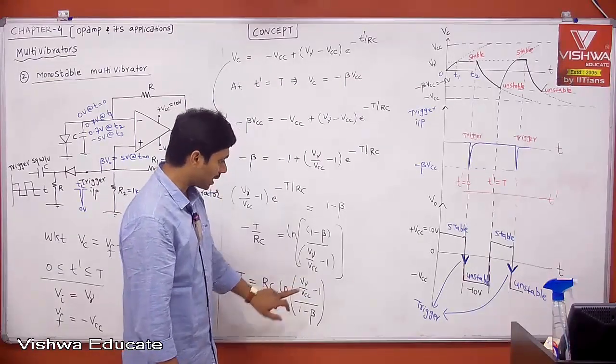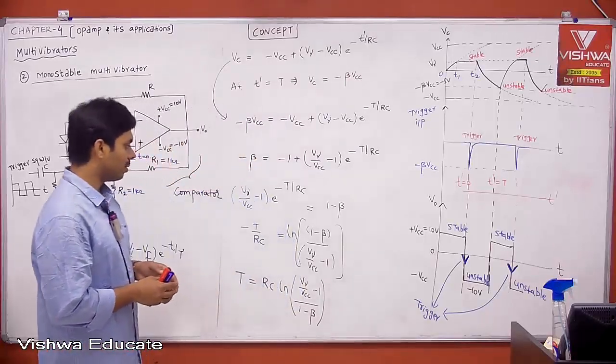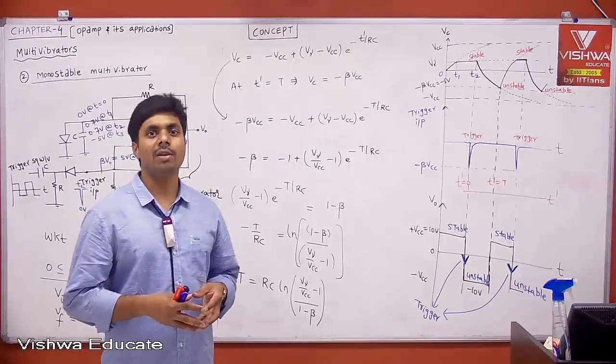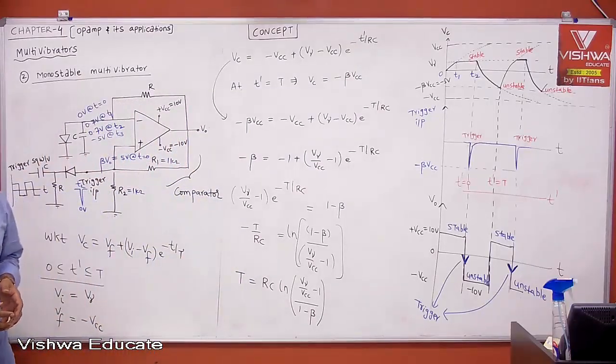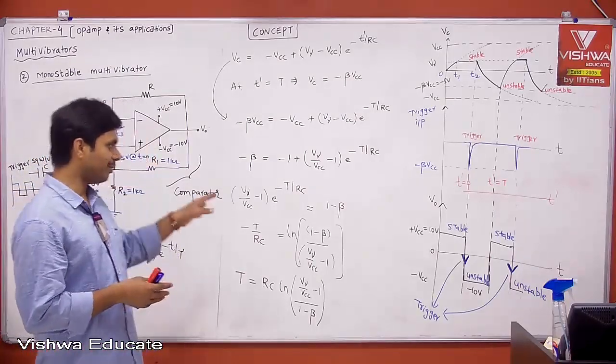Log negative is undefined. What is log minus 1? Do you have a log of a negative value? The log of a negative value is undefined. But you are getting it. Then what does it mean? The time T is not defined? How did you find the mistake?